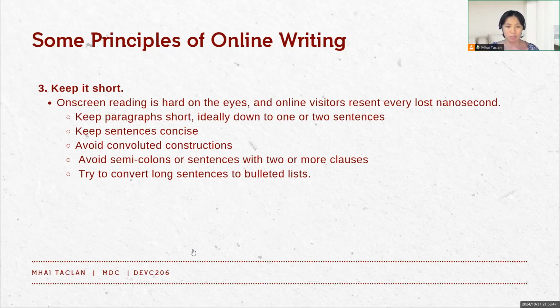So we need to keep the paragraph short, ideally down to 1 or 2 sentences, which need to be concise. We also need to avoid complex constructions, avoid semicolons, and sentences with 2 or more clauses, and as much as possible, convert longer sentences into bulleted lists.